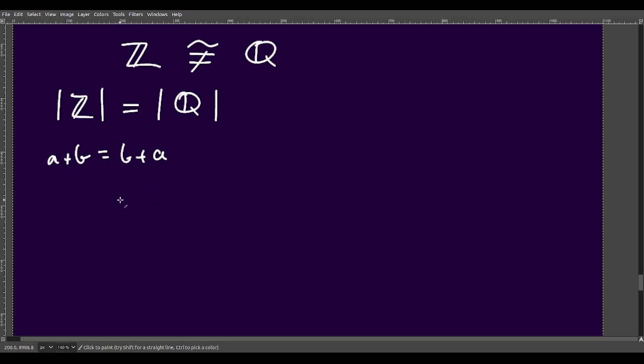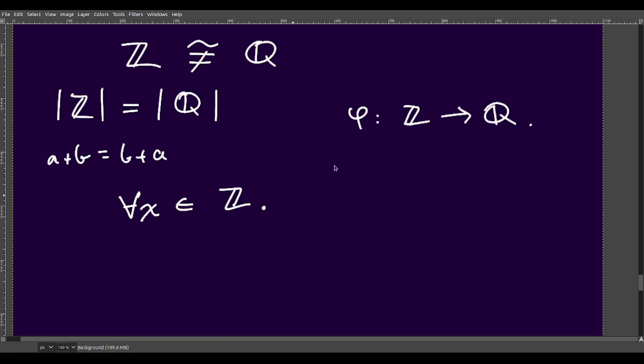If we had some isomorphism between Z and Q, then for every element x in Z, in the domain, we have the following property: the order of x is equal to the order of the image of x.